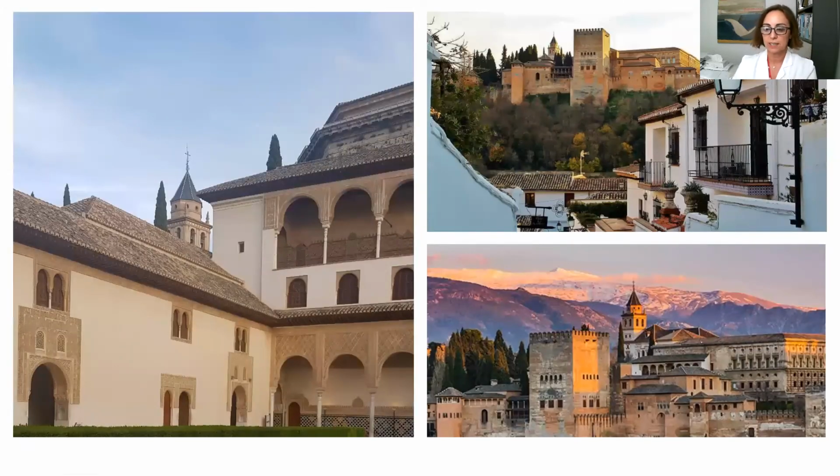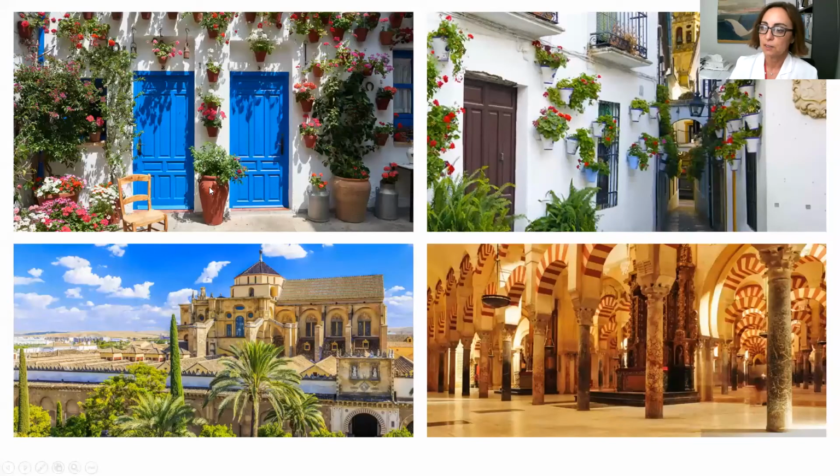And just to finish, let's move, sorry for being a little bit late, to the south of Spain. This is Granada, and this is a nice view of the Alhambra, another nice view of the Alhambra, and this is one of the many places inside the Alhambra, which is a very recommendable place to visit. And this is another city from the south, Cordoba. This is the Mezquita in Cordoba.